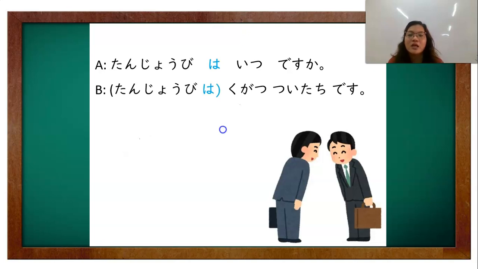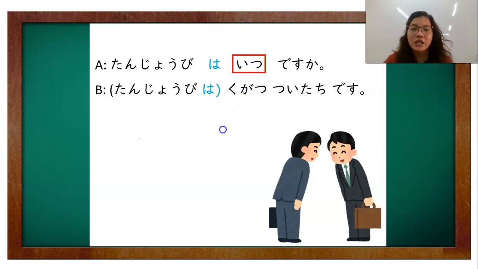You can answer, tanjoubi wa 9月1日です。My birthday is on the first day of September. Okay, or my birthday is on September 1st. That means tanjoubi wa 9月1日です。Okay?